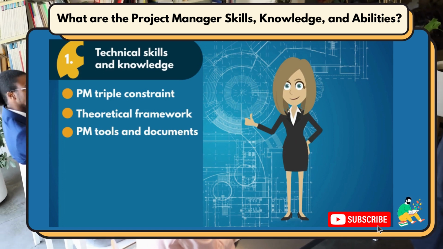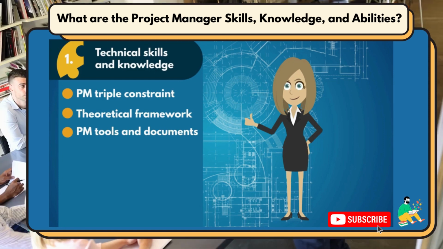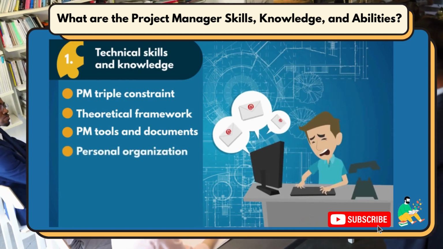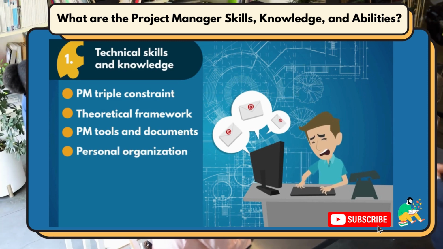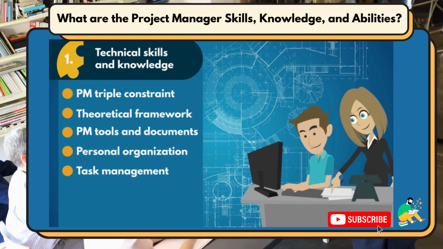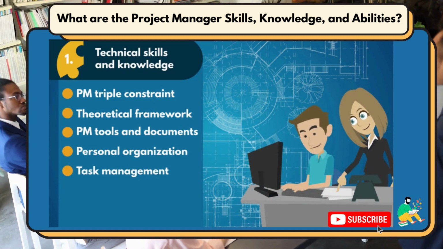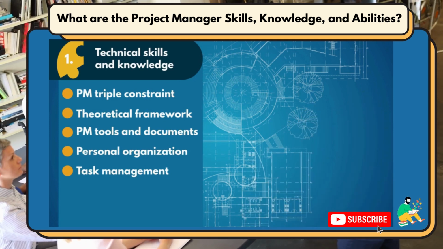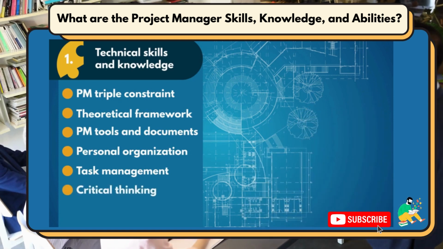Okay, still in this area, here are some of the key technical skills that project managers need to develop. Personal organization. The ability to order your own tasks. Task management. Being able to structure work into tasks, prioritize, assign, follow up, and bring those tasks to completion. Critical thinking.